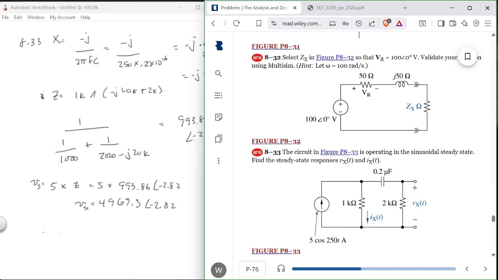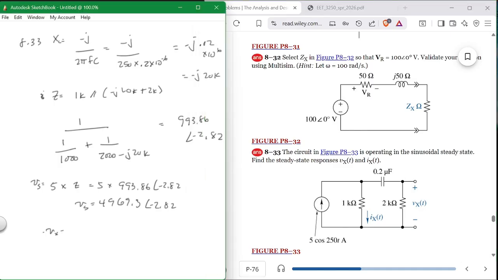So the voltage divider, what is V sub x? 2,000 over 2,000 minus j 20,000 times the voltage across there, 4969.3 at angle minus 2.82.